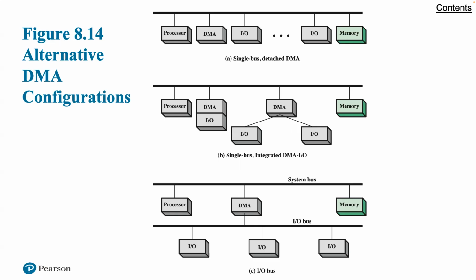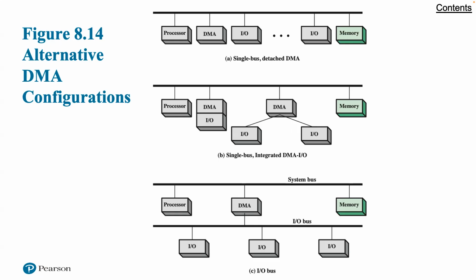The number of required bus cycles can be cut substantially by integrating the DMA and I/O functions. As figure 8.14b indicates, this means that there is a path between the DMA module and one or more of the I/O modules that does not include the system bus.